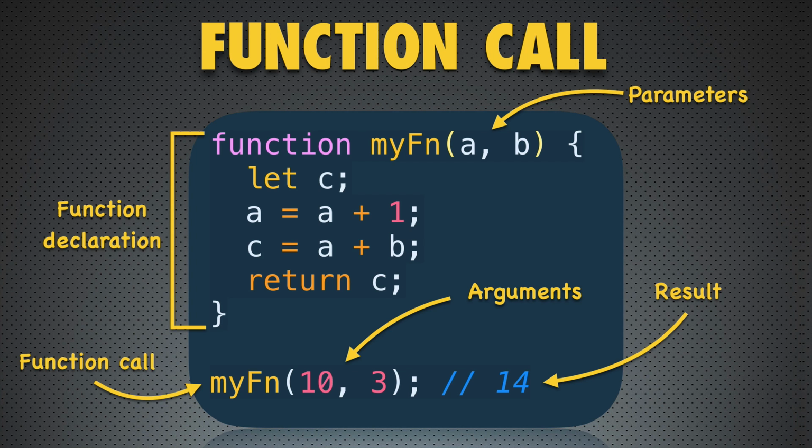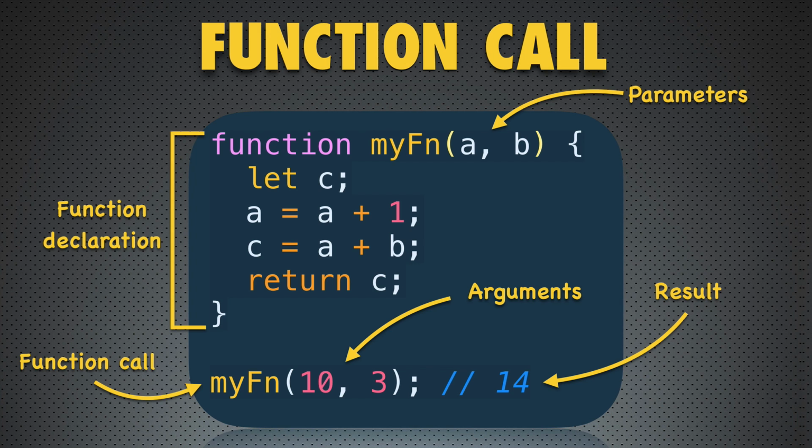And that is done in this example on the last line, myFn parentheses 10, 3. 10 and 3 will be correspondingly initial values for variables a and b. Also, you are able to declare new variables inside of the function body. And in this example, there is such variable, variable c. And all mentioned variables a, b, and c are not available outside. They are limited only to the myFn function.